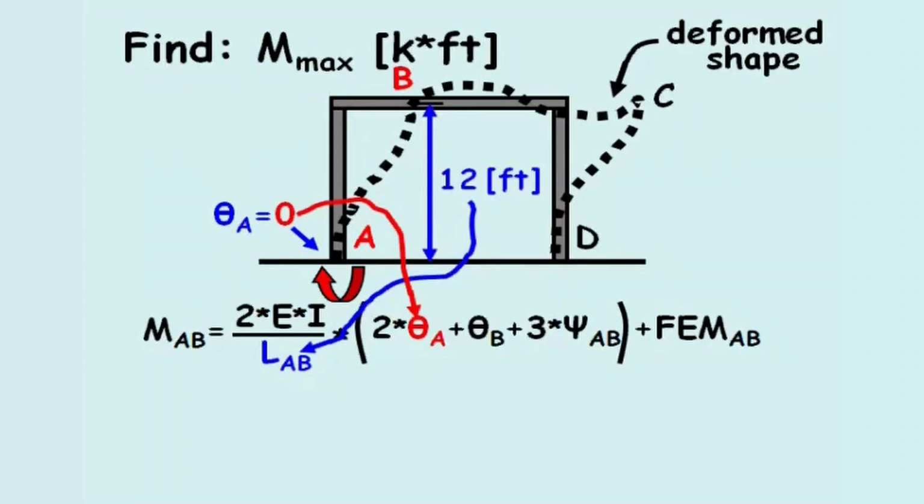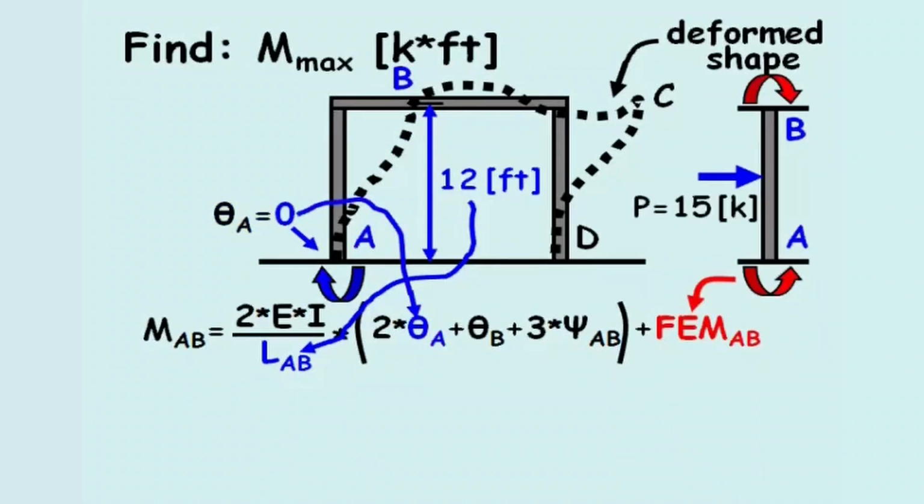The fixed end moment at joint A in beam AB equals the moment at joint A if both ends of beam AB were fixed connections, where fixed end moment AB equals the midspan point load P times the length of the beam LAB divided by 8.